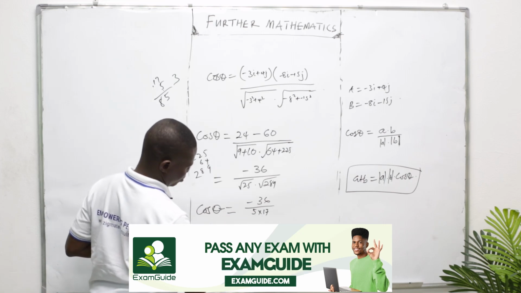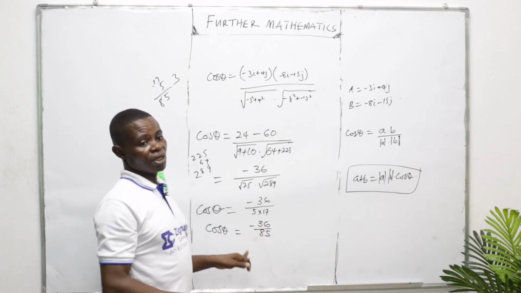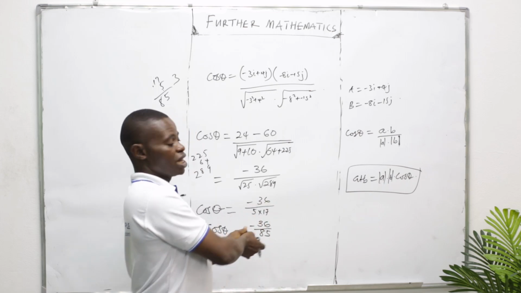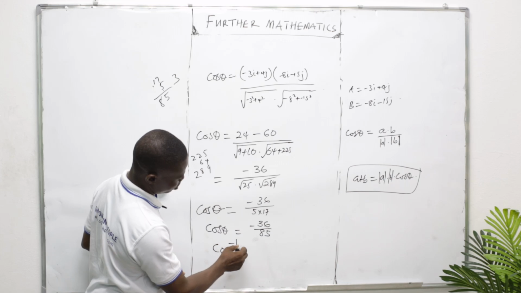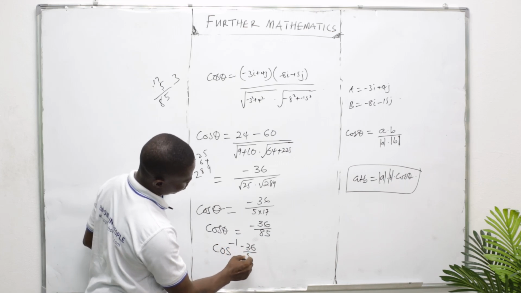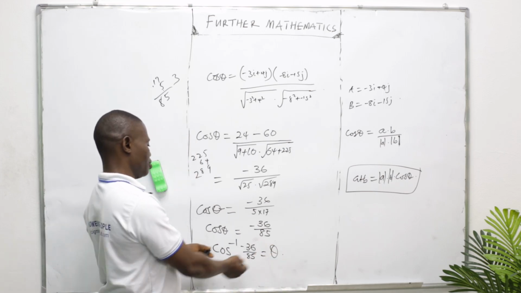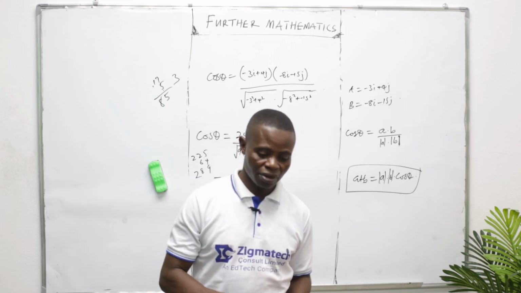Cos theta equals minus 36 all over 85. In most cases, the solution can be like this, but if you want to show you know what you are doing, just say cos inverse what? Minus 36 all over 85 equals what? Theta. You can rest your case here as the solution.